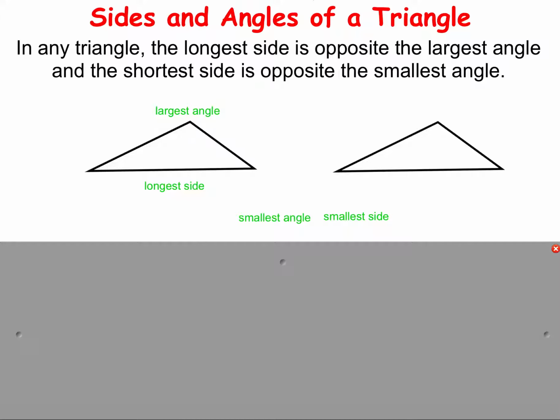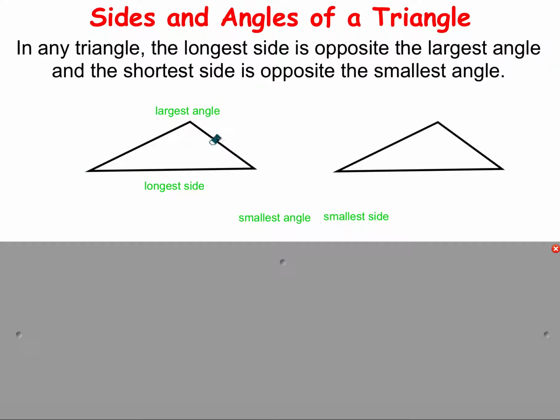So since this is the longest side, the angle that is opposite of that side, which is that angle, will be the largest angle. And that should make sense to you. Basically, what this is saying is that there's a direct relationship between the size of an angle, how big that angle is, and how long the side opposite that angle is, okay? Which kind of makes sense.